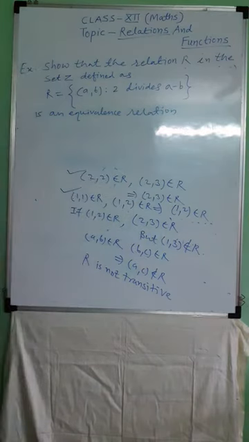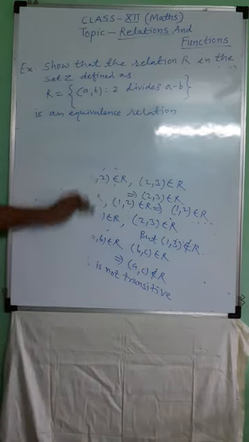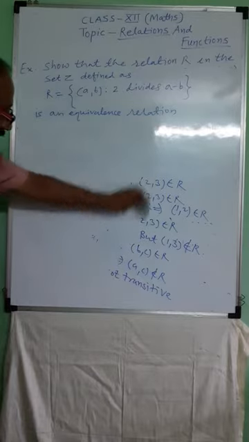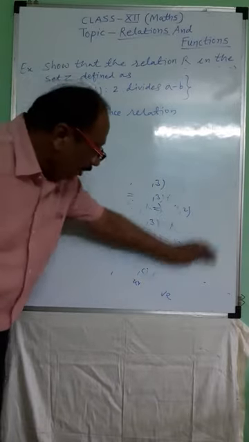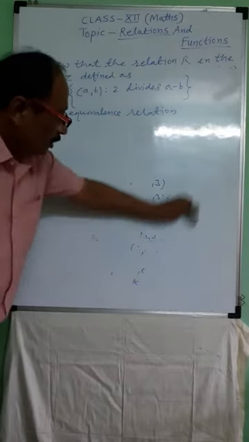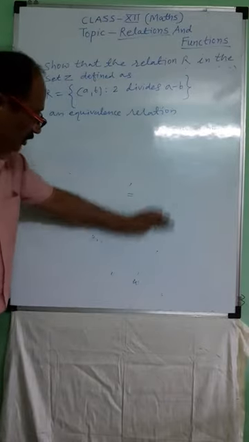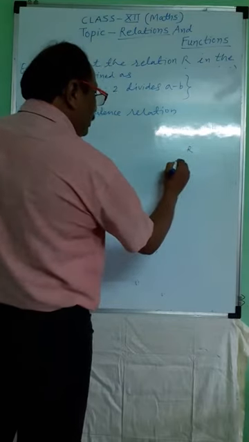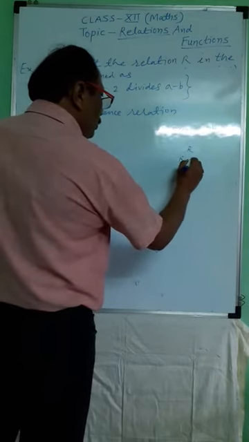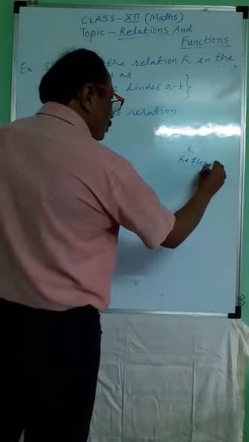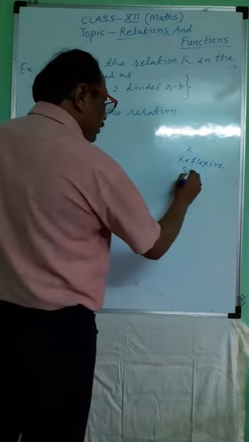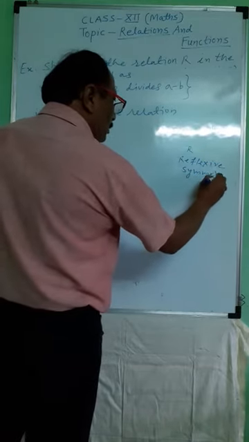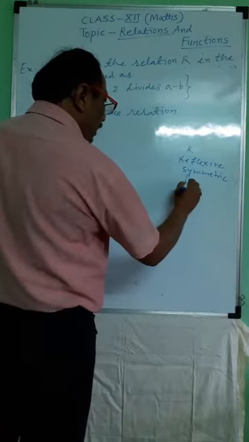Students, I told you in the last period what we mean by an equivalence relation. An equivalence relation means a relation R which is reflexive, symmetric as well as transitive.